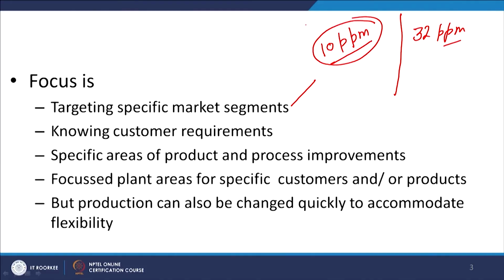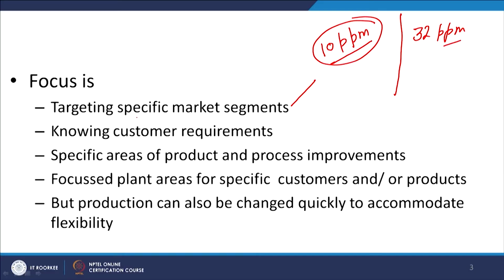So, you need to understand what specific market segments you are targeting. If you are targeting the market where the speed requirement is very low, you will develop a different type of quality attributes. In the other market where the speed requirement is significantly high, you will have a different type of quality attributes in that product.